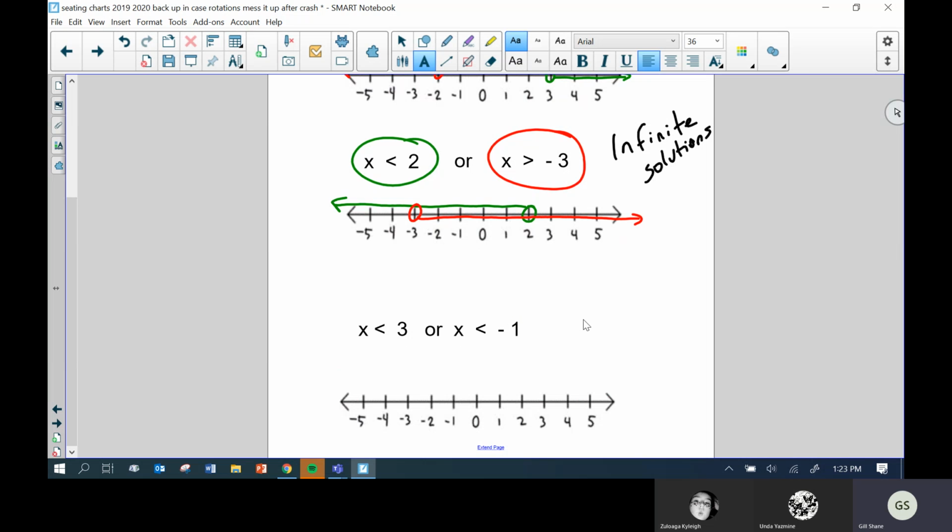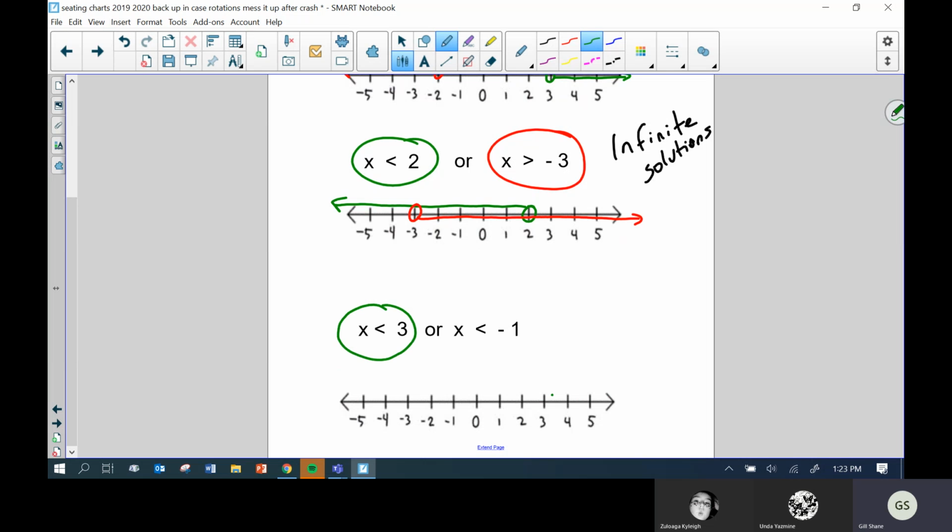I would come in, and first I would graph one of them. So I'll do the first one in green.